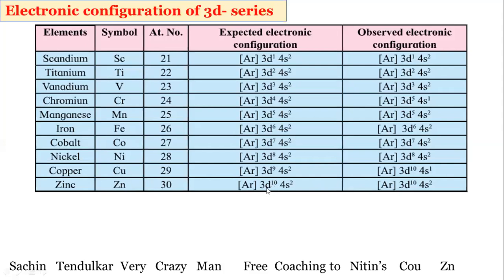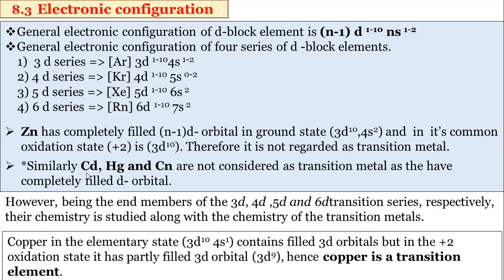We can see clearly here 10 electrons are there, so it is not a member of the transition series. Similarly cadmium, mercury, and copernicium are also not members of the transition elements, but for study purposes only, these are included in transition elements.